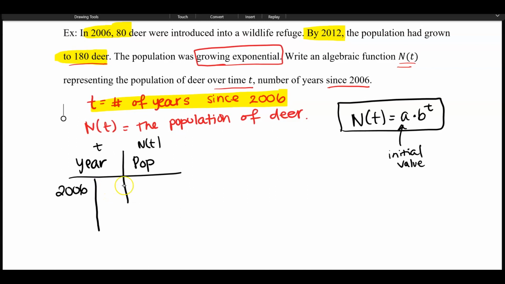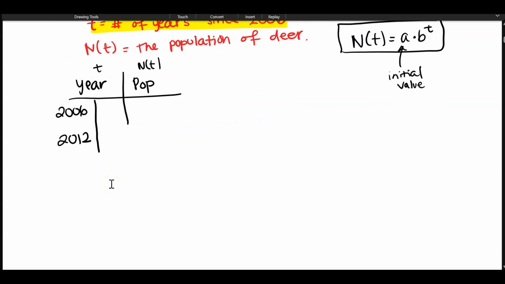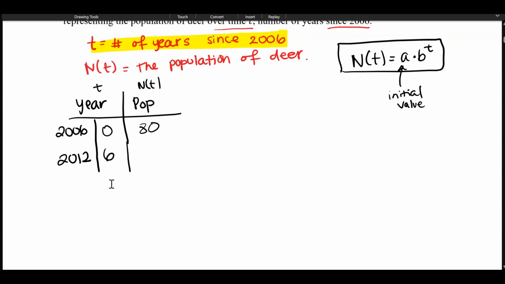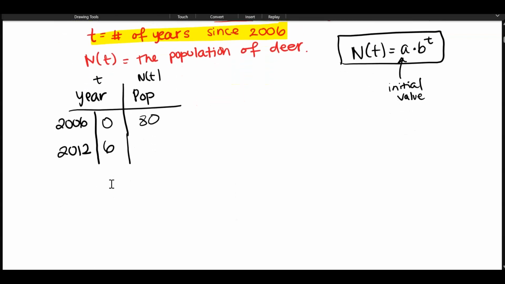And then we have 2012, and so if this is 0, so we can move this up. There you go. If this is 0, how many years from 2006 to 2012? Well, that's going to be 6 years, right? So if we started at 2006, how long till we get to 2012? That's 6 years. We know that the population in 2006 was 80, and the population in 2012 was 180.